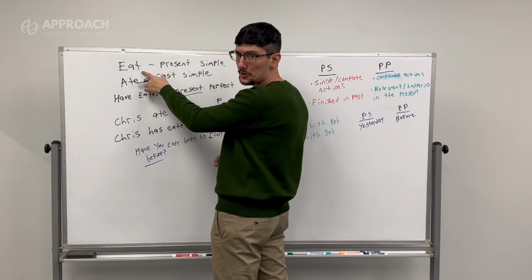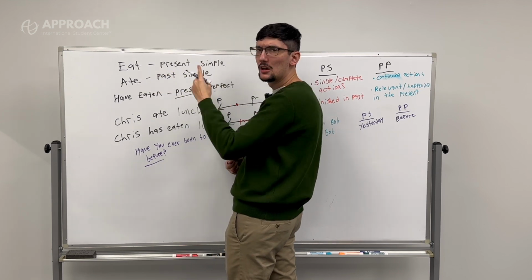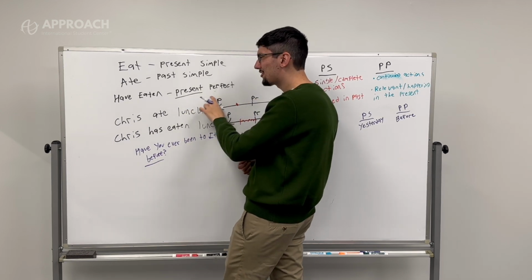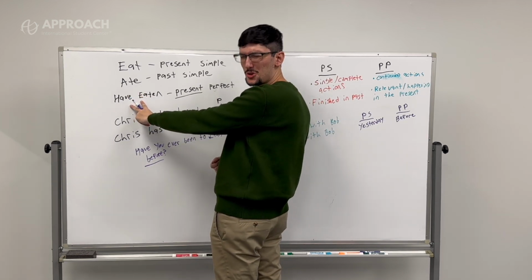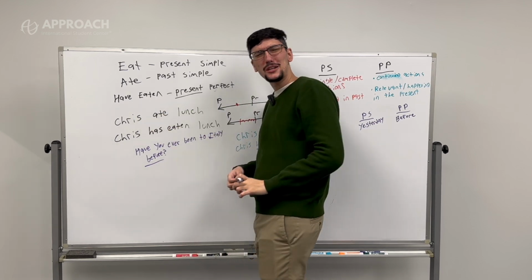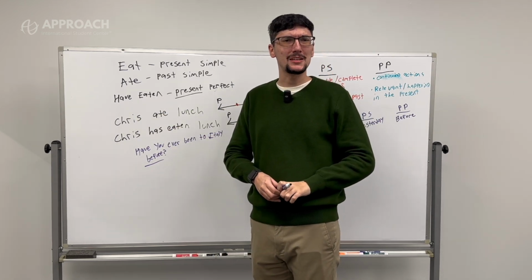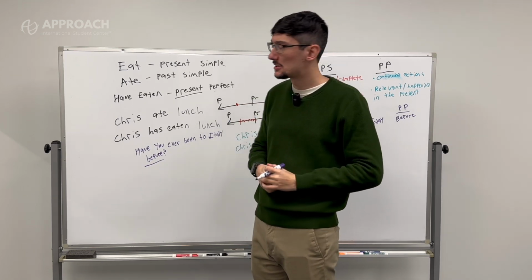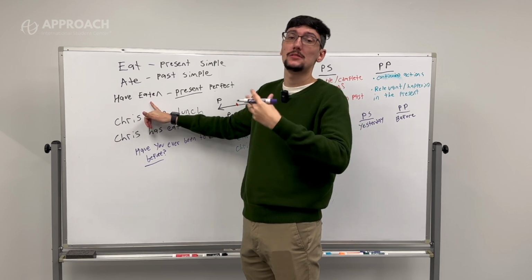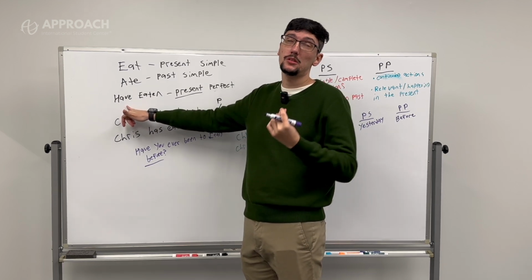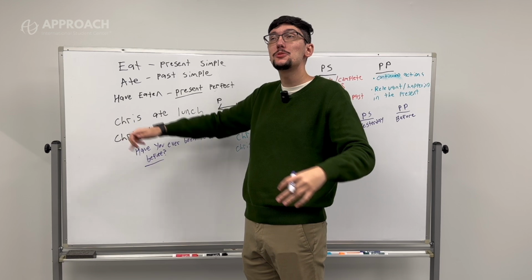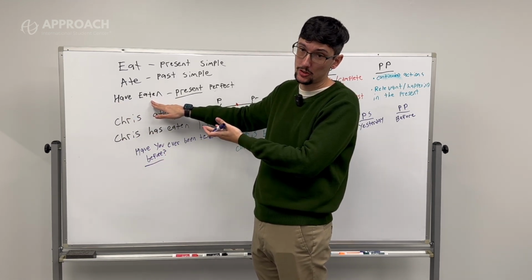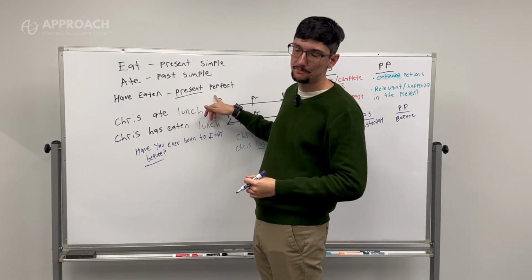We have one verb in the present simple, one verb in the past simple, but in the present perfect we have two verbs? That's very strange, definitely. It's a weird thing about English. We need two verbs for these kinds of expressions. This is the main verb, the content verb, but this one is the auxiliary, the helper verb. It helps you explain, like, oh, if you see have and then the past participle form of a verb, that's how you know we're talking about the present perfect.